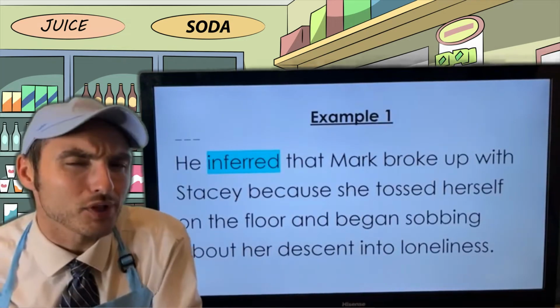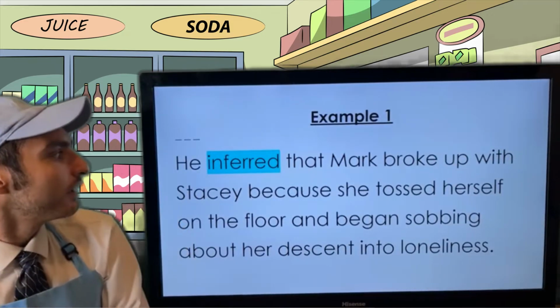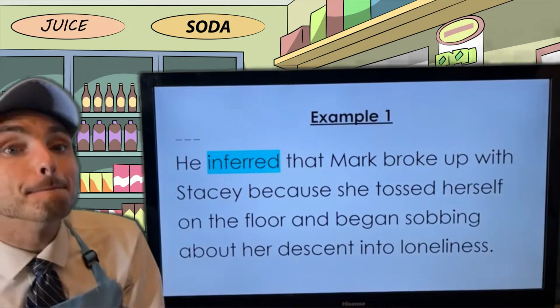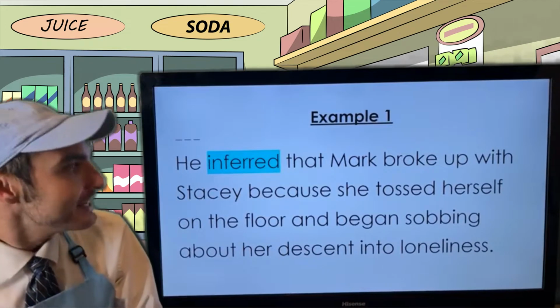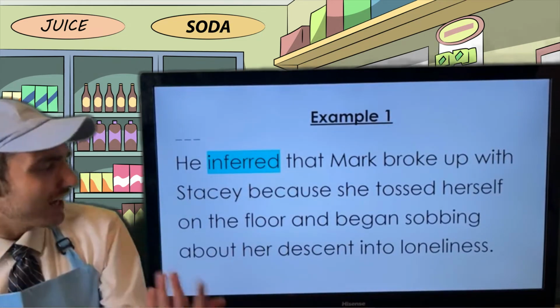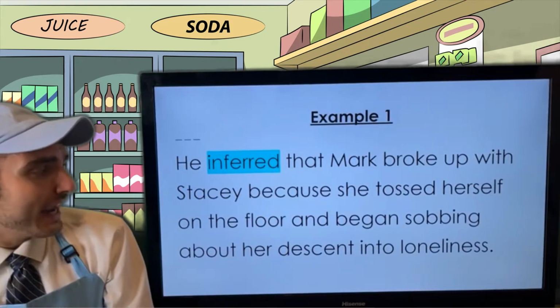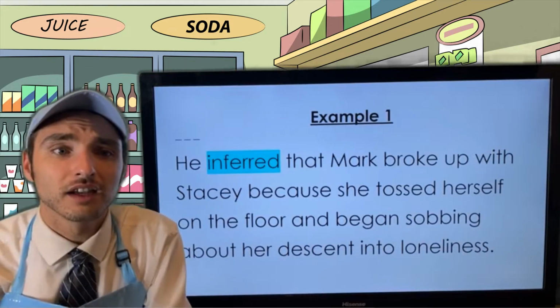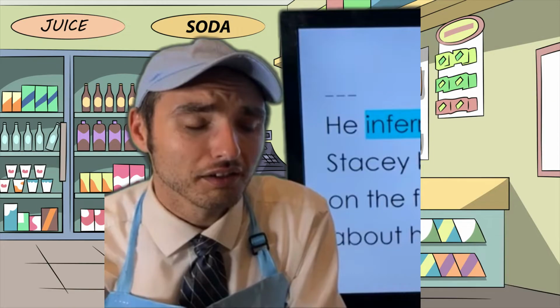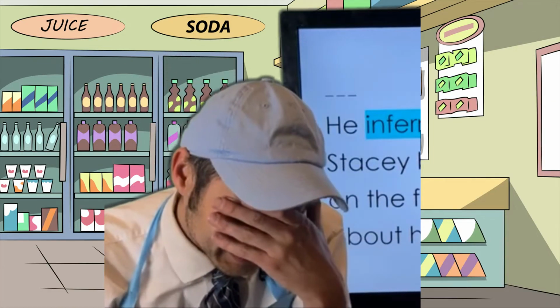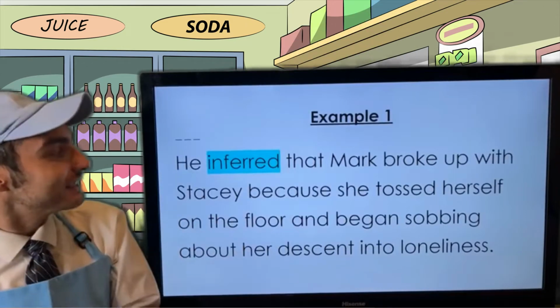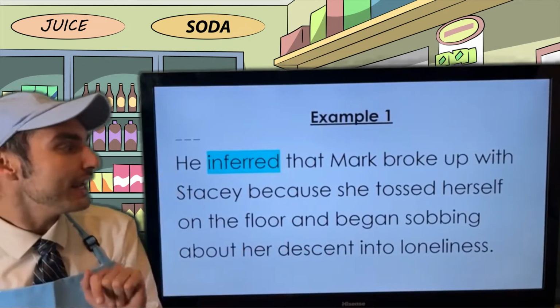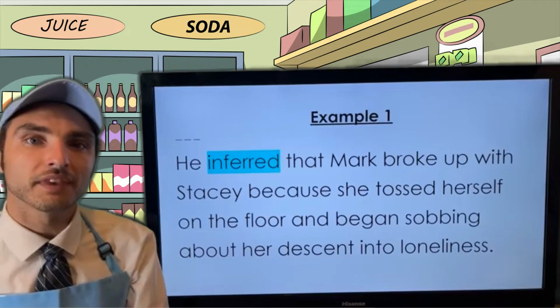Let's go ahead and see how it's used in a sentence. He inferred that Mark broke up with Stacy because she tossed herself on the floor and began sobbing about her descent into loneliness. I feel you, Stacy. You'll notice in the sentence that he is the one inferring.